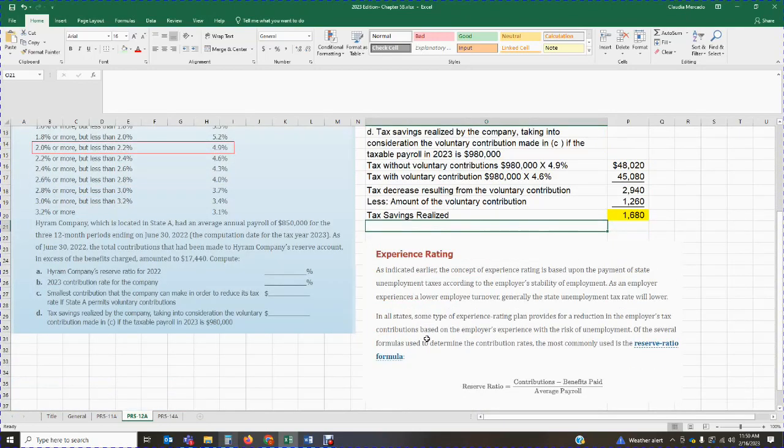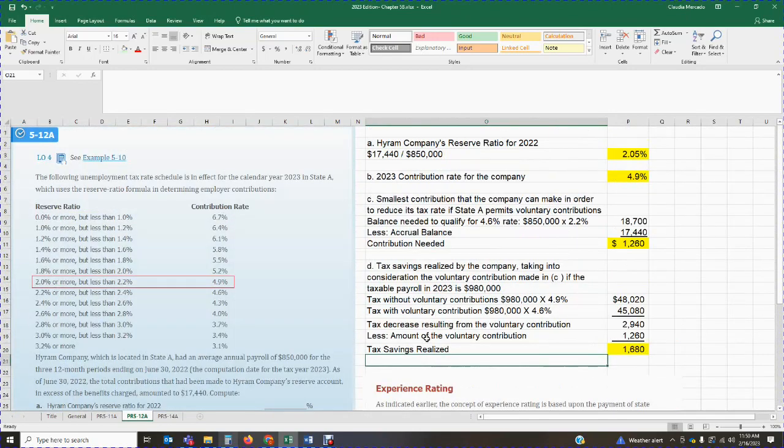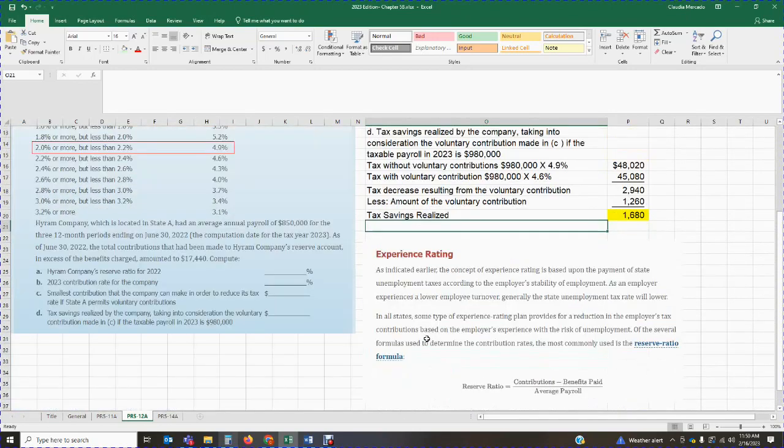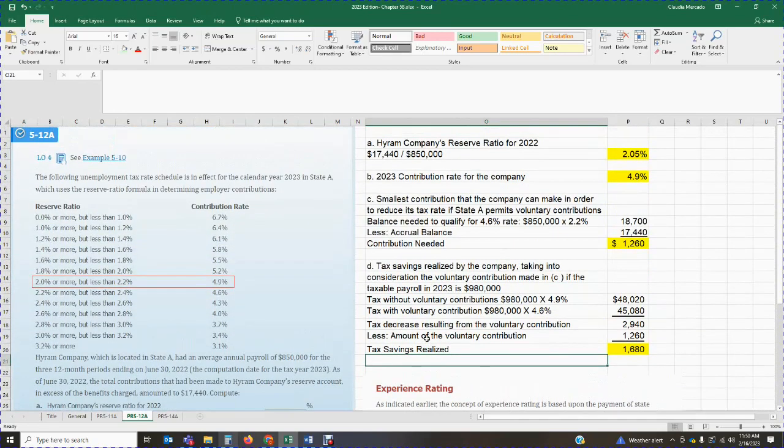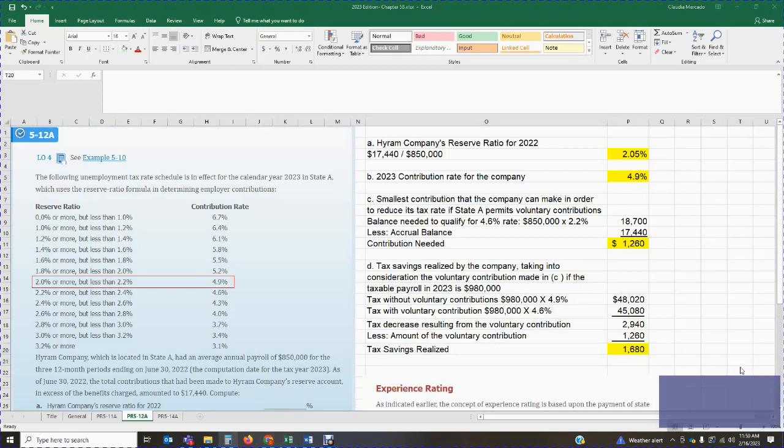Please make sure that you read over the section in your book that deals with the different experience rating systems, the contribution rates, the reserve ratios, all of that. It's important that we understand, first of all, where we currently stand as an organization, and where we want to be. And if we want to be there, how much more money do we have to put into our reserve ratio account to be able to pay that less of a tax?